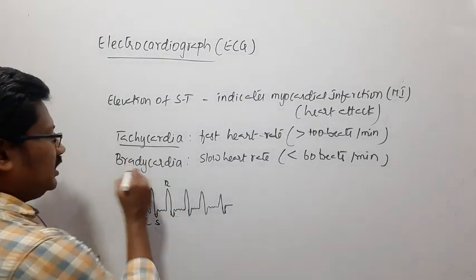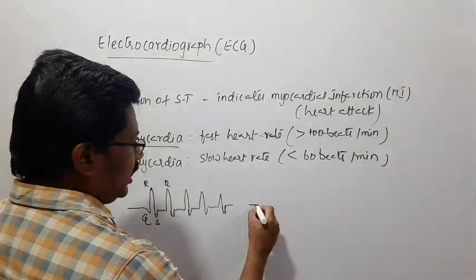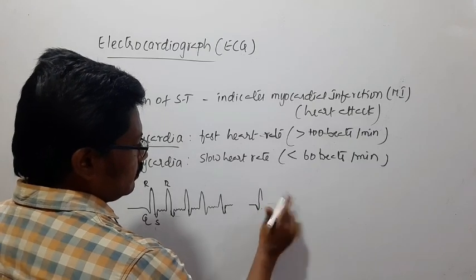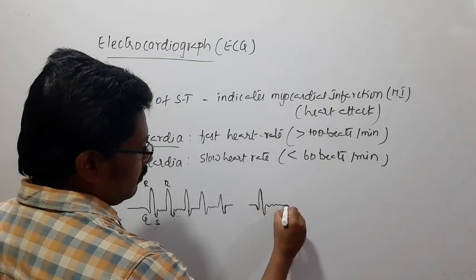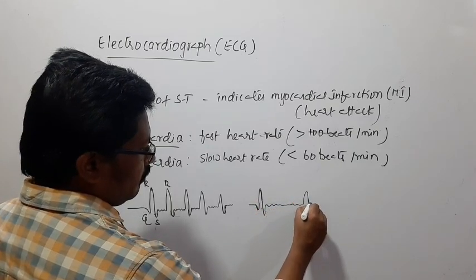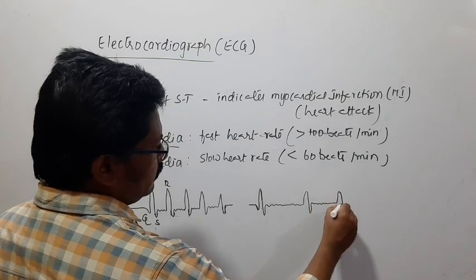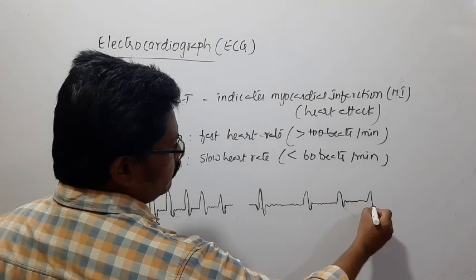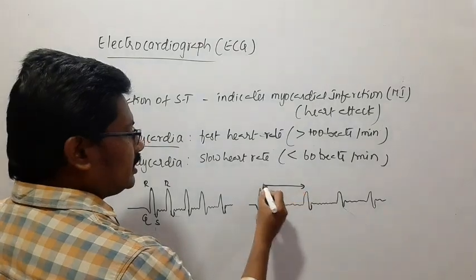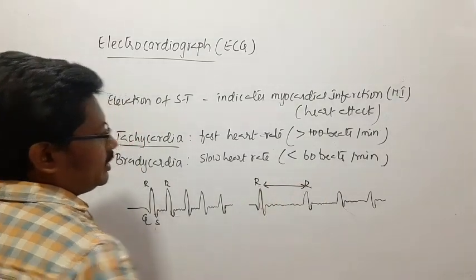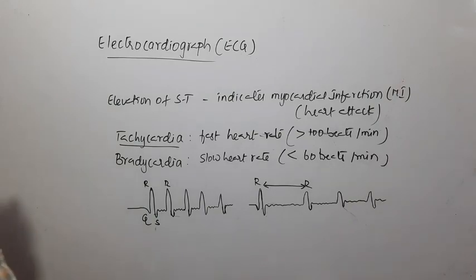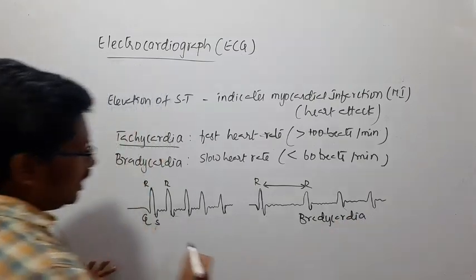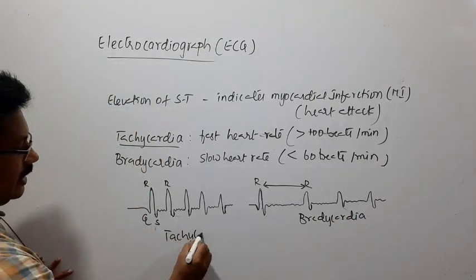In a similar way, when we see bradycardia, you can see this distance greatly increased between one R and another R. So this is in the case of bradycardia, and this is in the case of tachycardia.